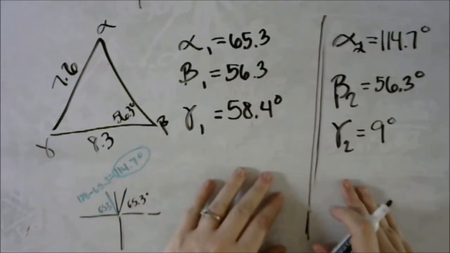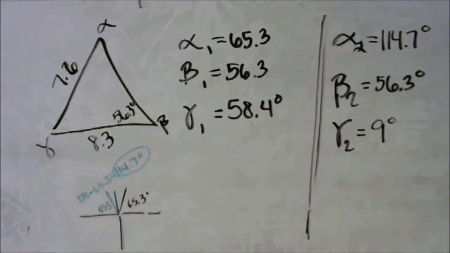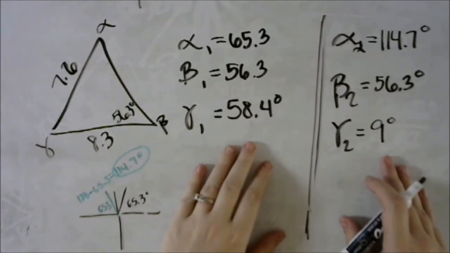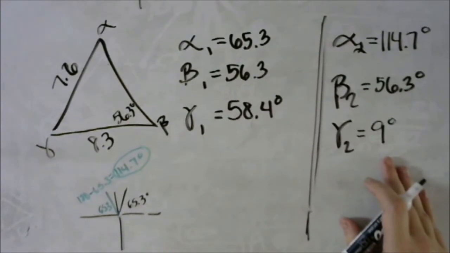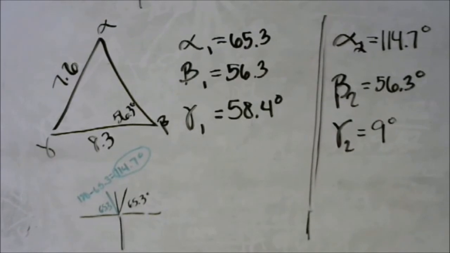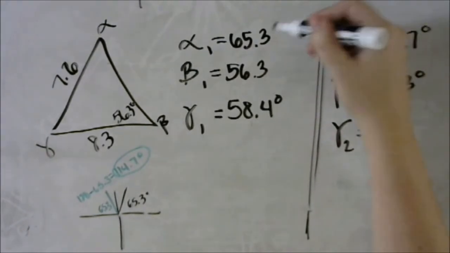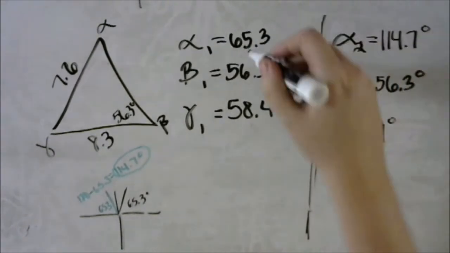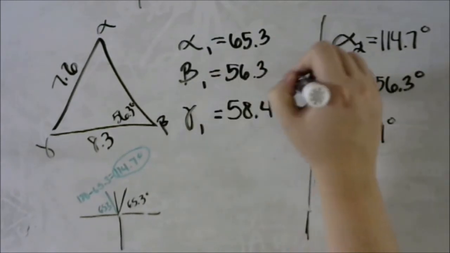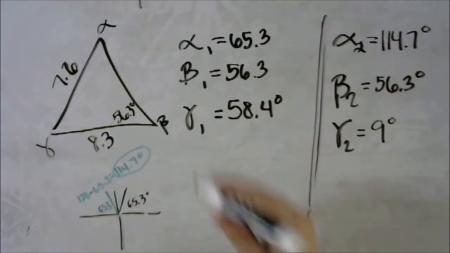These are two potential solutions that would have two different values for side C based on the size of angle C. So let's find side C now that we have the two different setups. Again, remember that alpha has been rounded, so we want to use beta and B to find our missing side.